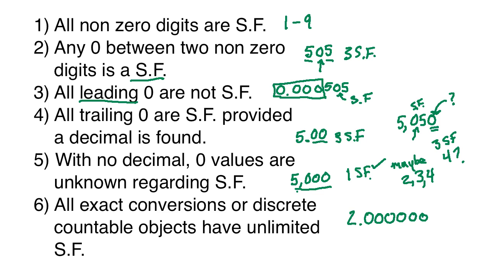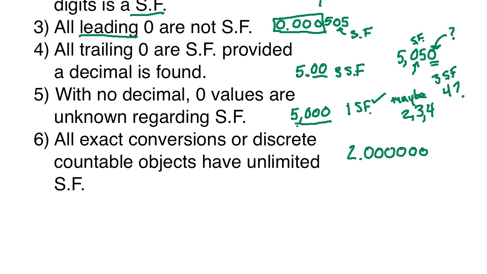So this also applies to exact conversions. So what do we mean by exact conversions? For instance, if we say 1 inch is equal to 2.54 centimeters, this is not 3 significant figures if you're using this in an equation.